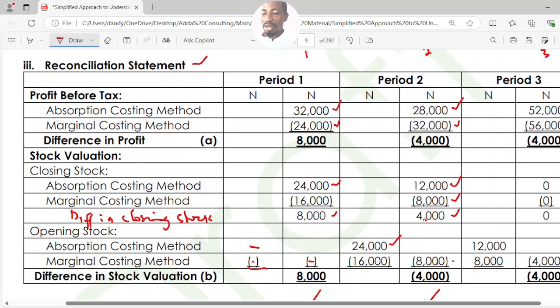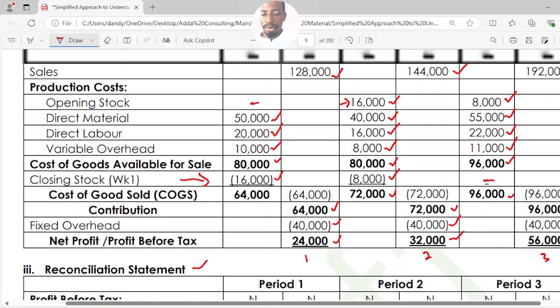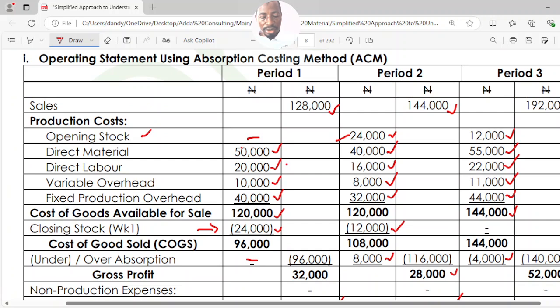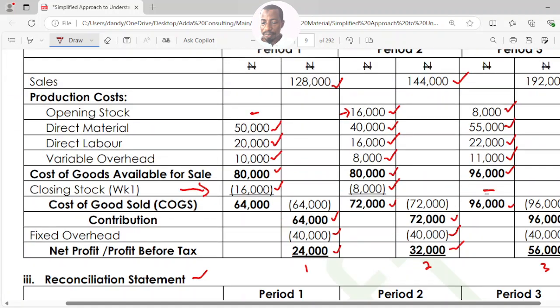Move to the next one, the third period. We are looking at stock valuation. So closing stock under absorption in the third period. Closing stock is nil under absorption. We don't have closing stock. Therefore, let's check. What do we have there?